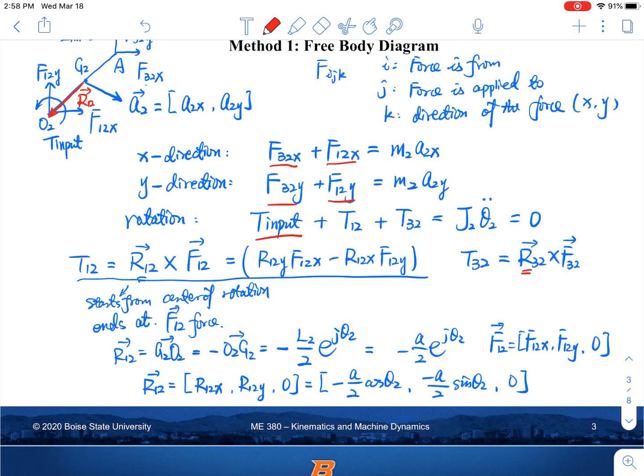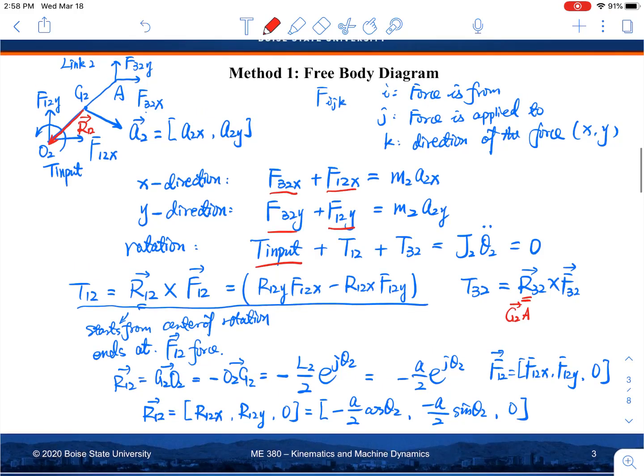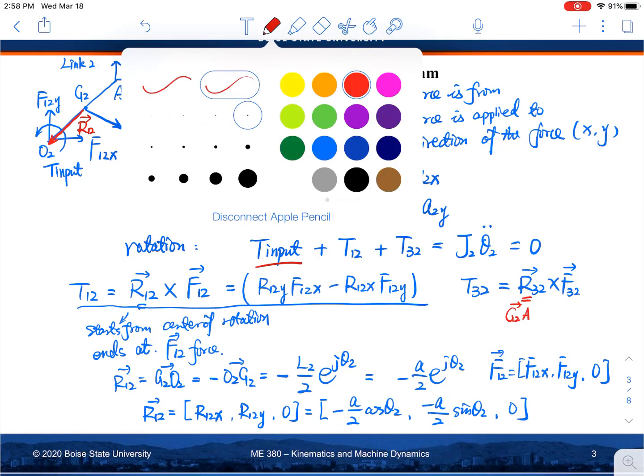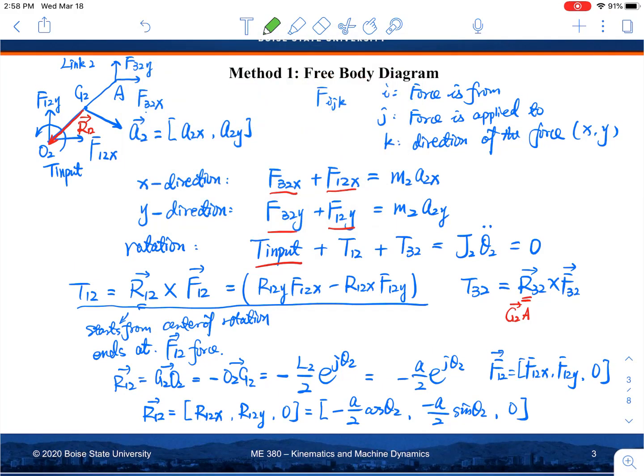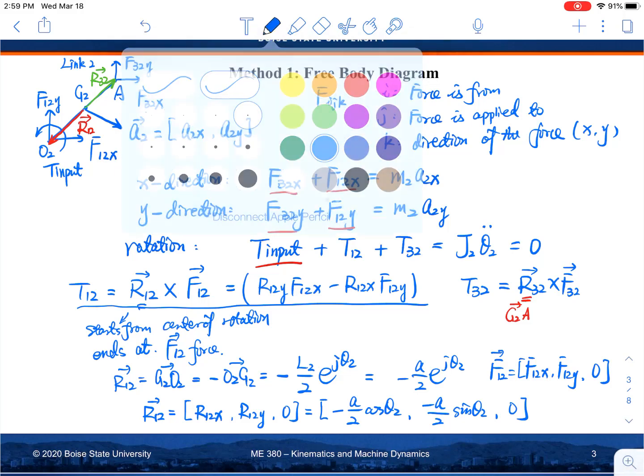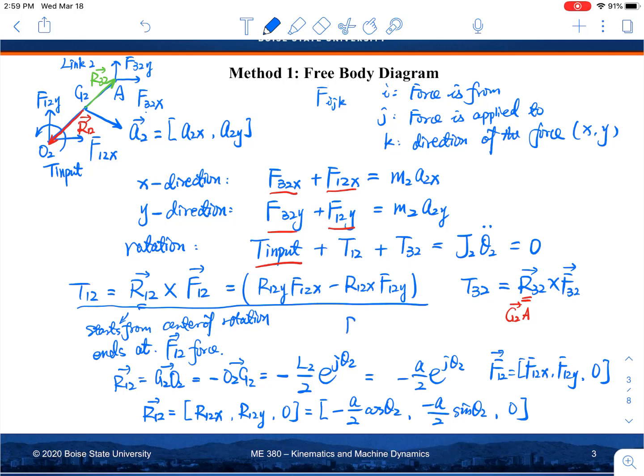So that means the R32 vector is actually the G2A vector, right? So where is your A vector? So you have your G2A vector. So this one is your R32 vector. Okay, so you can see that from the geometry relationship, you will note that your R32 vector is just minus R12, right?